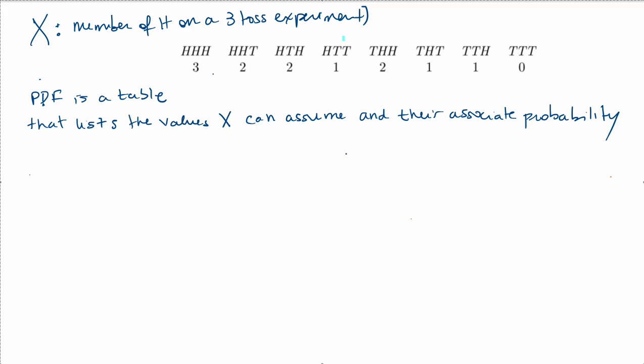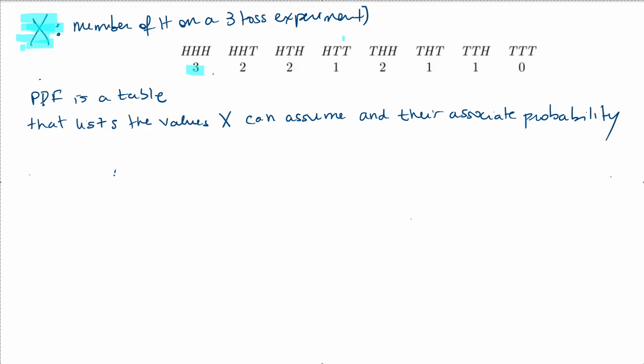Heads, heads, heads; heads, heads, tails; and so on, and the number that this variable x could assume, right? If heads, heads, heads turned out to be the outcome, my variable would assume 3, okay? If this one was the outcome, it would be 2, and so on, okay? So the PDF is just a way to summarize all you need to know about the probabilities of a random variable.